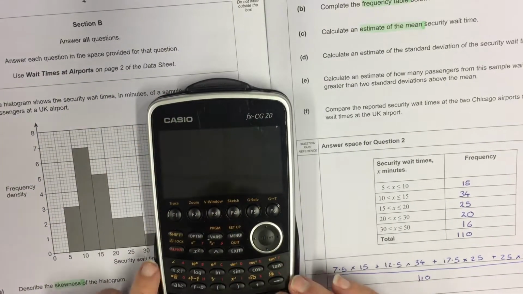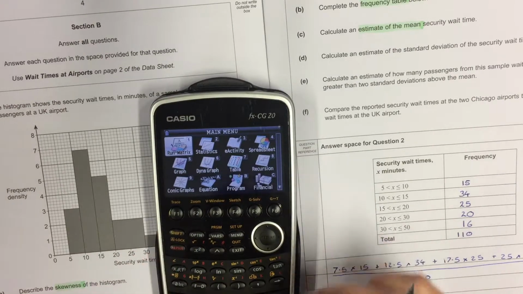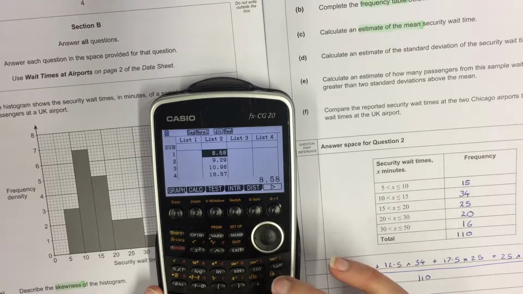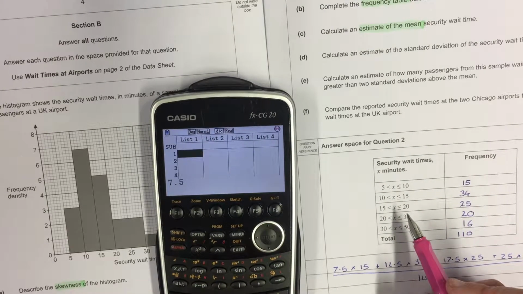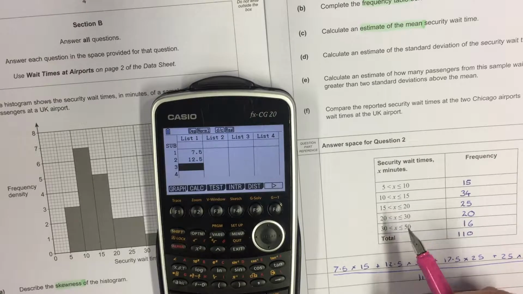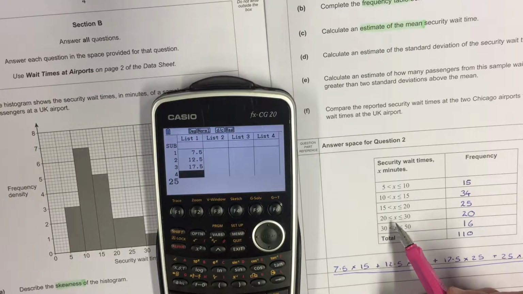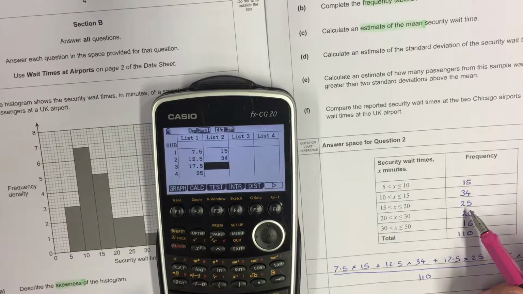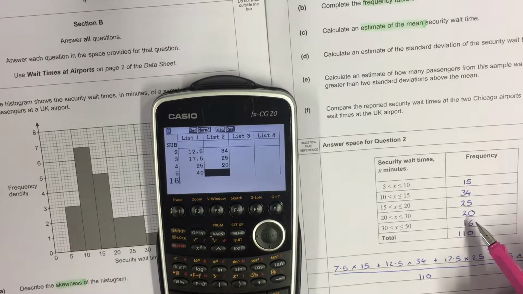From a calculator point of view, if you go into stats, then you put in your midpoints for each one. 7.5, 12.5, 17.5, 25 and 40, with frequencies 15, 34, 25, 20 and 16.